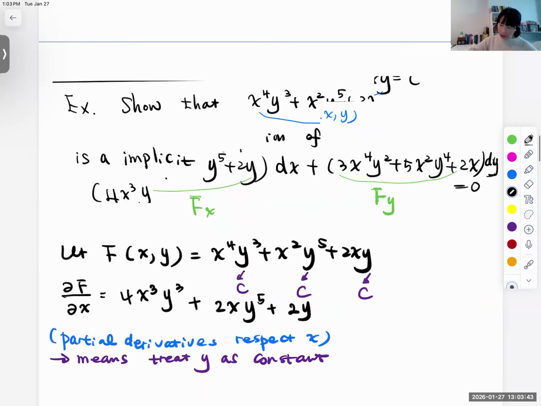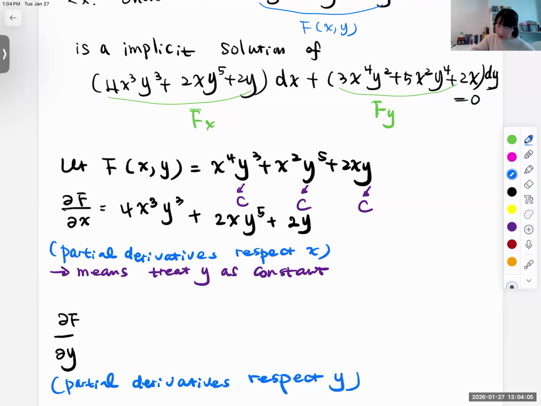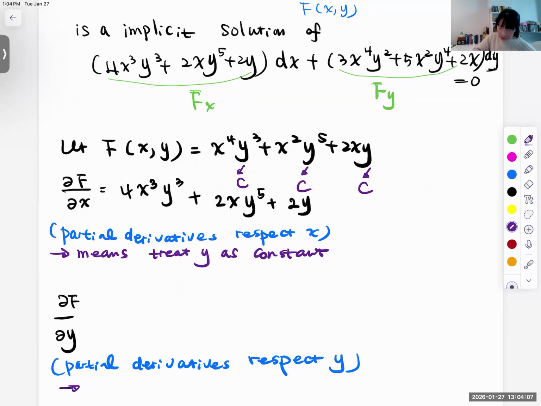Okay. Let us do partial derivative with respect to y. Partial derivative with respect to y means treat x as constant.